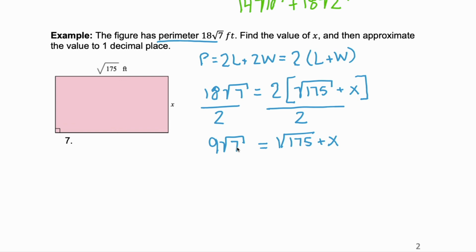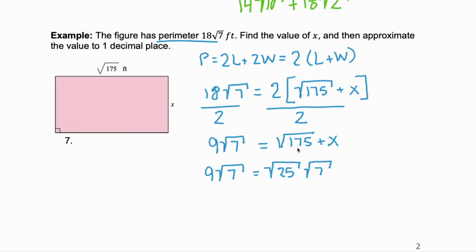Okay, we want to be able to combine our like radicals, so we need to see if we can get square root of 175 into a like radical. Well, we know we have 9 square root of 7. So we want to check real quick, is 7 a factor of 175? And it is. 25 times 7 is 175.